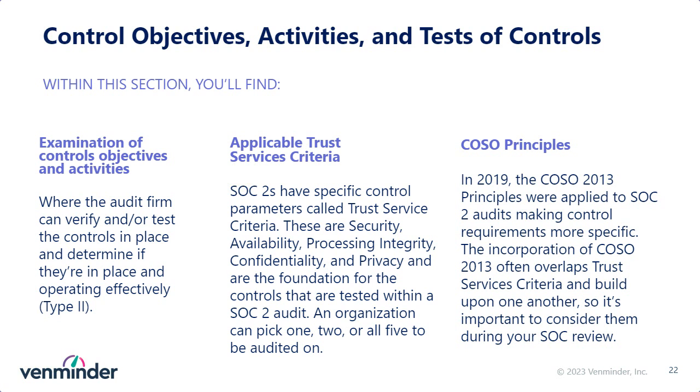An organization can pick one, security, or they can pick security plus 2, 3, 4, or 5, or be audited on them all. You'll also find information about COSO principles. In a lot of cases, the incorporation of COSO often overlaps with trust service criteria, and they build upon each other, so it's important to consider them during your SOC review. But you'll see a lot of that in this section 4.